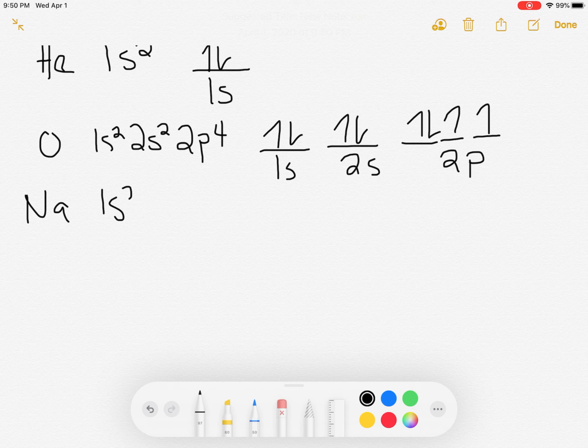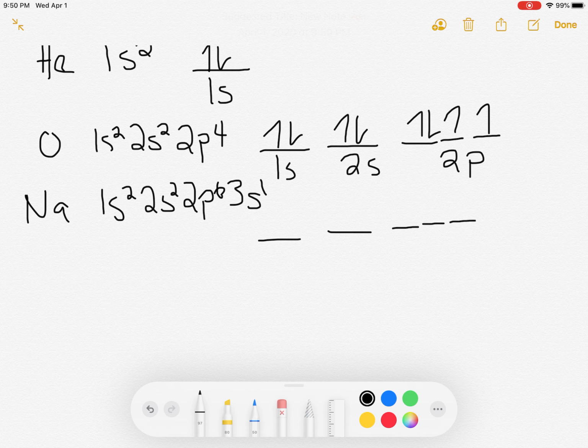Okay, and then sodium, we had 1s2, 2s2, 2p6, 3s2, 3p6. Oh, no, I went too far. Sorry, just 3s1. It has 11 electrons.